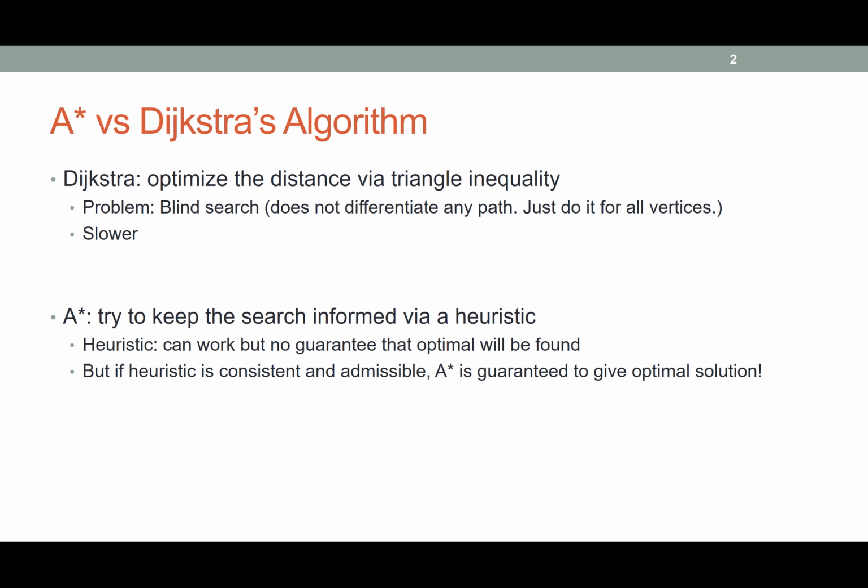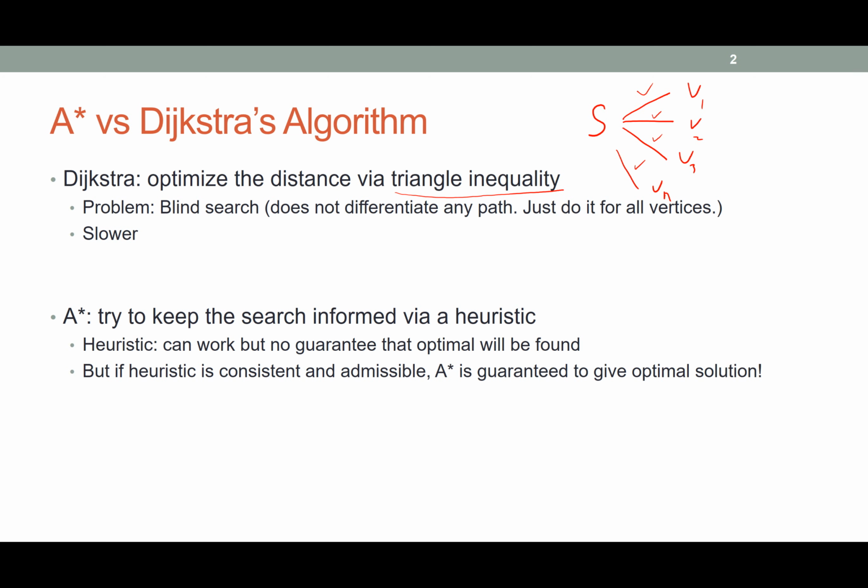Dijkstra is trying to optimize the distance via this triangle inequality, and we know that. Because it is trying to find the shortest distance from the source to every other vertex, all the way to Vn, for example, it's going to give you the shortest distance to all of them.